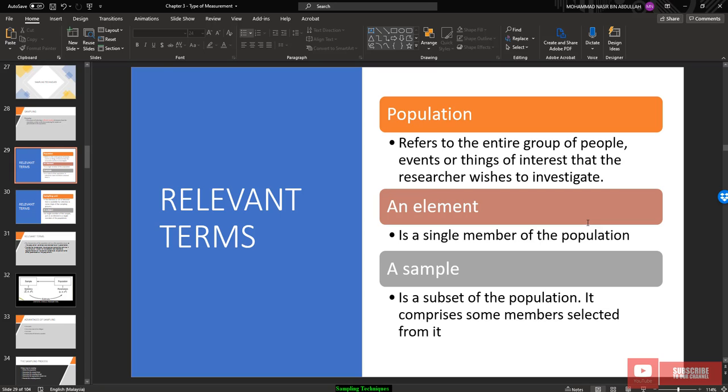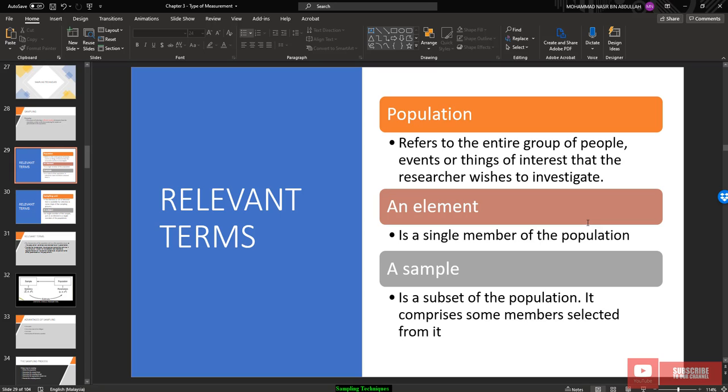The population refers to the entire group of people, events, or things of interest that the researcher wishes to investigate. For example, let's say you want to measure knowledge, attitude, and practice on dengue fever at Perak Tengah district. So the population will be all the residents in Perak Tengah district.